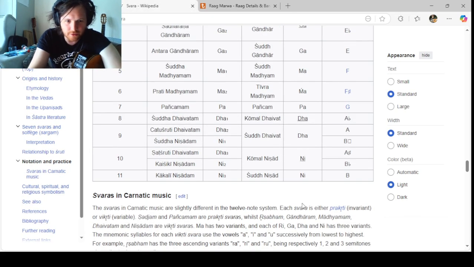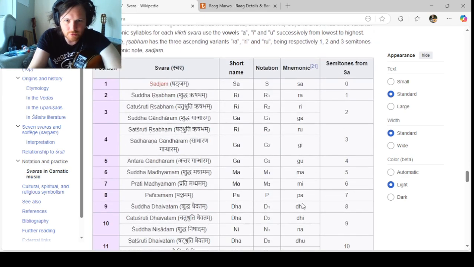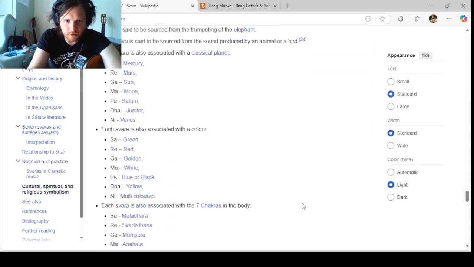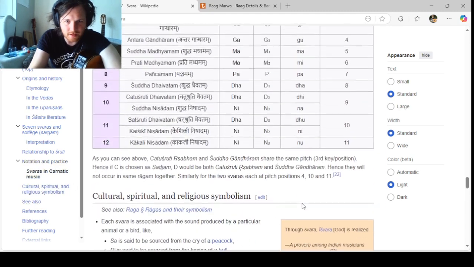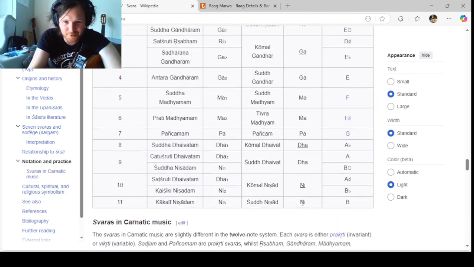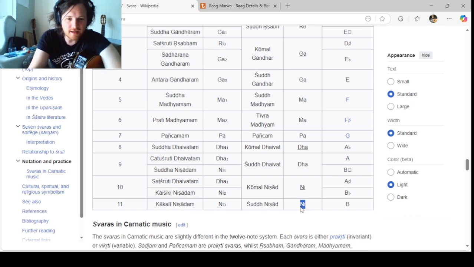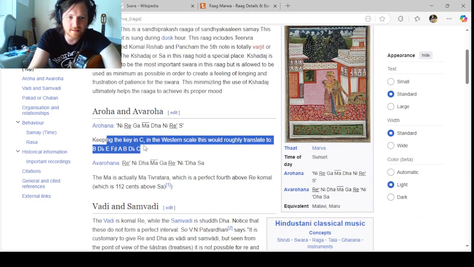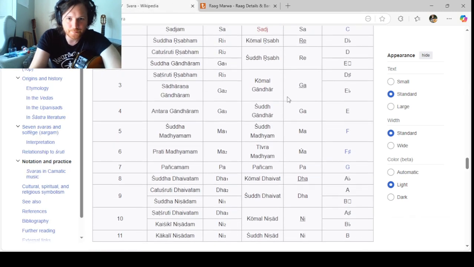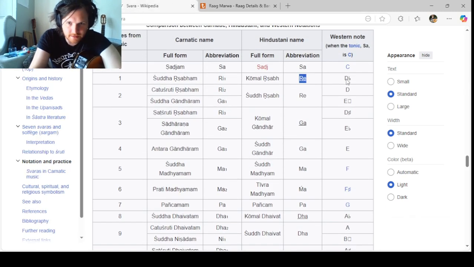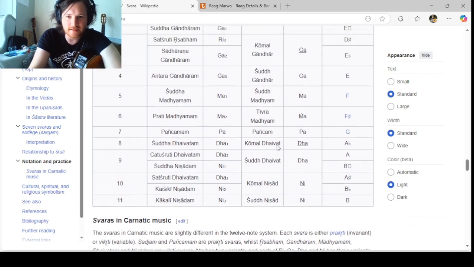Yeah, I don't know what those are, which is annoying because they're used quite clearly to mean something quite important. Nonetheless, ni suggests it is B here, okay? I know it does say this, and I've had a look at that, and I just want to clarify that that's the case by reading it from this other page. Re, but re underlined, so D flat. So B to D flat.